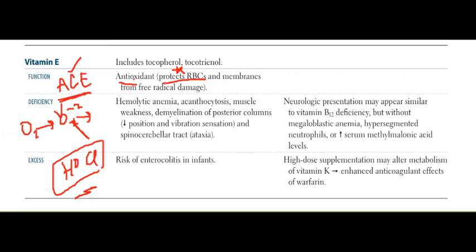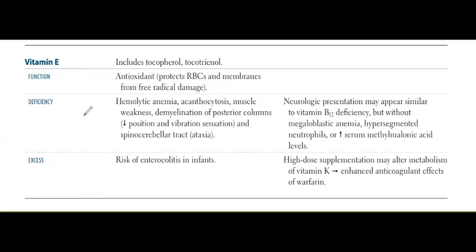Then we have the deficiency. When I talk about vitamin E deficiency, this is a point you need to remember. When we started vitamins, we heard many names like sideroblastic anemia, megaloblastic anemia, microcytic anemia, iron deficiency anemia.